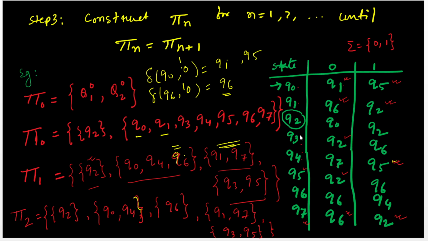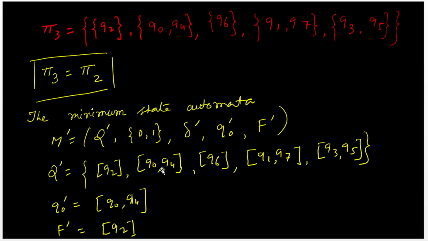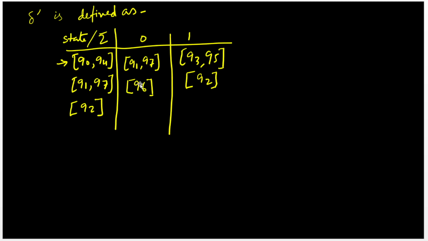Now q0 is not a single state, because after partition q0 and q4 are equivalent. So that's why this state will be q0 q4. So now it will be q0 q4, and it will be q2.